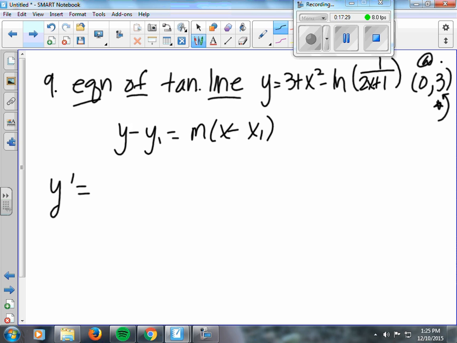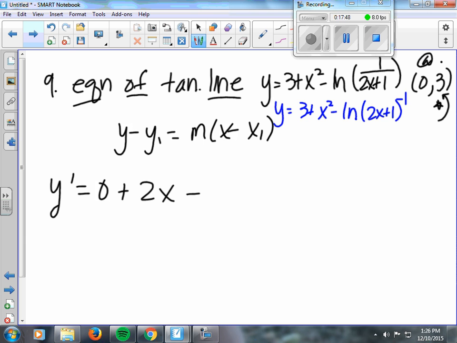All right, the derivative of 3 is 0, plus the derivative of x squared is 2x, minus, oh, well, let me rewrite this. I'm going to rewrite my original function y, because I don't like fractions, and I don't need one here. I'm going to make this 2x plus 1 to the negative 1 power, and then I'm going to put that negative 1 in the front.